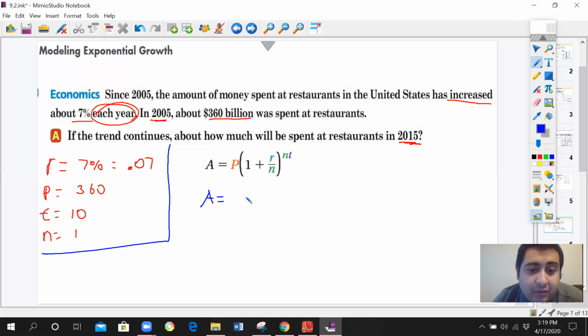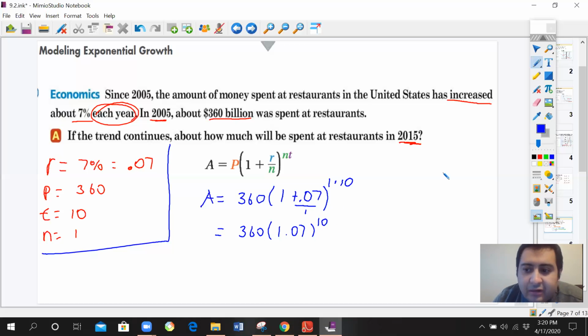Our P is going to be 360. We have 1 plus 0.07 divided by 1, to the power of 1 times your time, which is 10. Which this becomes 360 times 1.07 to the power of 10.